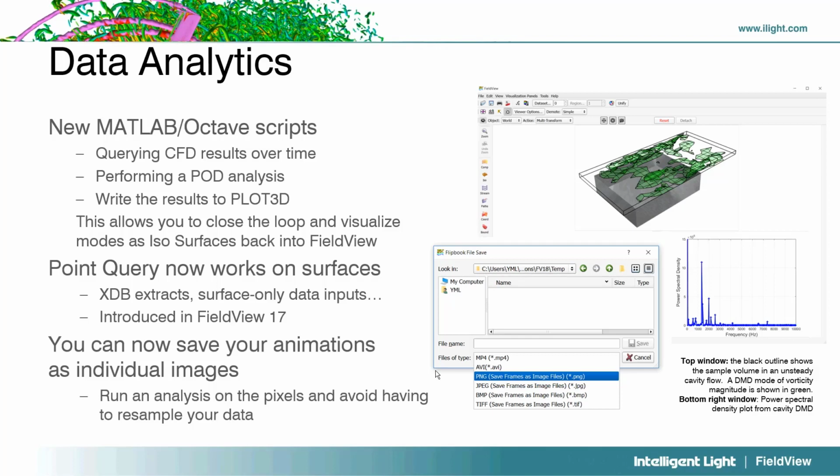In addition to AVI and MP4, you can also now save them as individual images. So in addition to it being very desirable if you want to work on your animations outside of FieldView, they are great for being able to do analysis on the images. If you looked into data analytics, you may know that data often has to be resampled so that you could work with an amount of data that is manageable and also is always at the same XYZ locations over time.